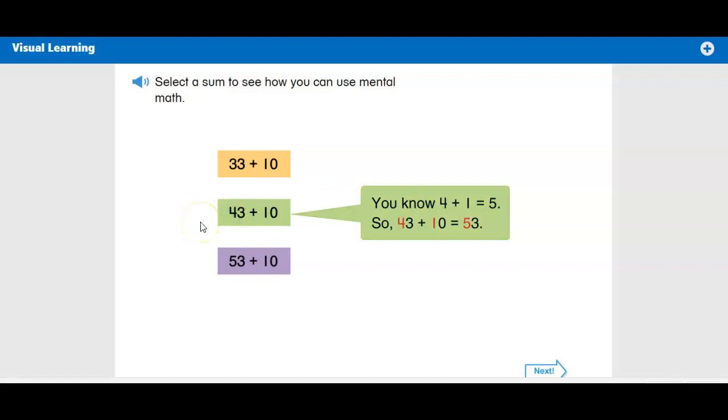You know 4 plus 1 equals 5. So, 43 plus 10 equals 53. And one more. 53 plus 10. You know 5 plus 1 equals 6. So, 53 plus 10 equals 63.